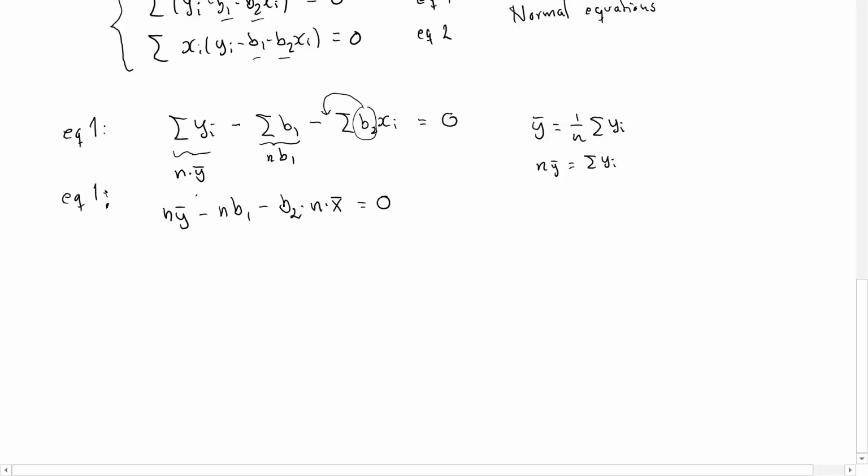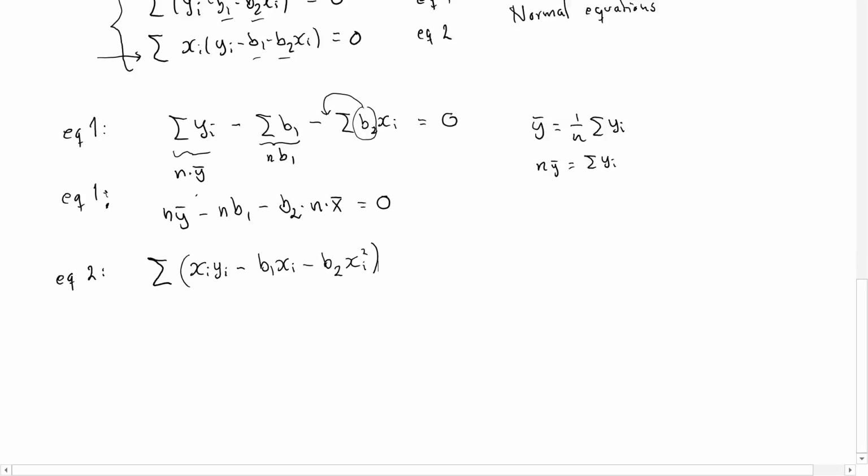Equation 2 is a little bit messier because I have an xi in front. So let's start by multiplying out the parentheses in the sum. Equation 2 up here says that this is sum xi yi minus b1 xi minus b2 xi times xi, so that's xi squared.